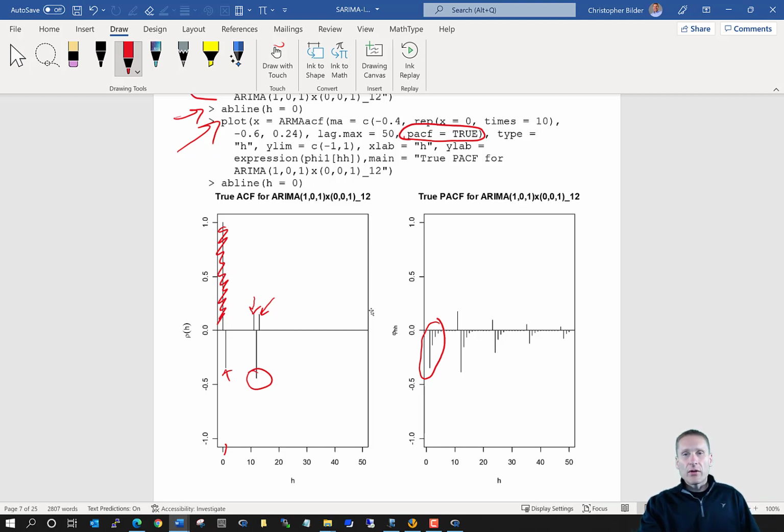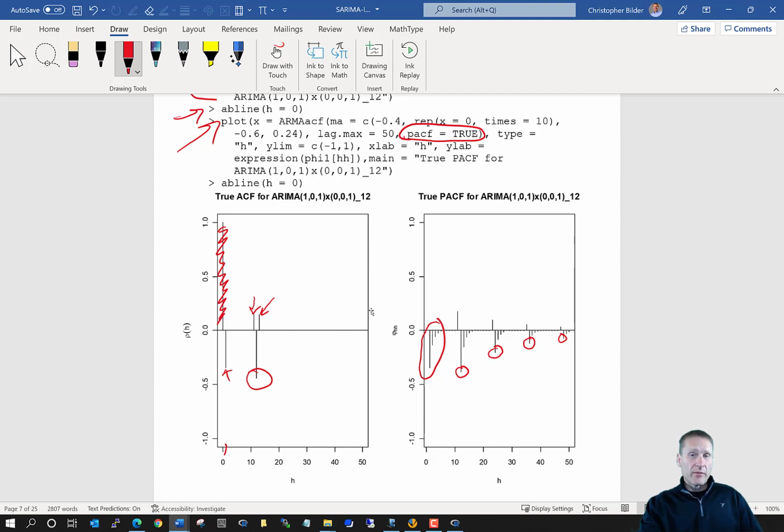For the seasonal component, we should have a tailing off to 0 as well at multiples of 12. So lag 12, lag 24, lag 36, lag 48. That's what we would expect to have happen.